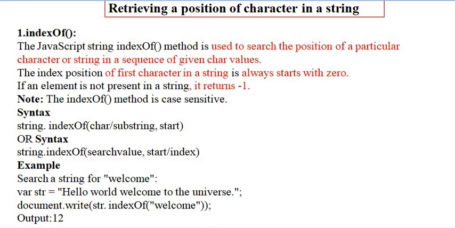In this, substring is a string or a character that we want to search, and start is optional. The second parameter or second argument is an optional argument which specifies the position within the string to begin the search. It specifies the index from where the search starts.